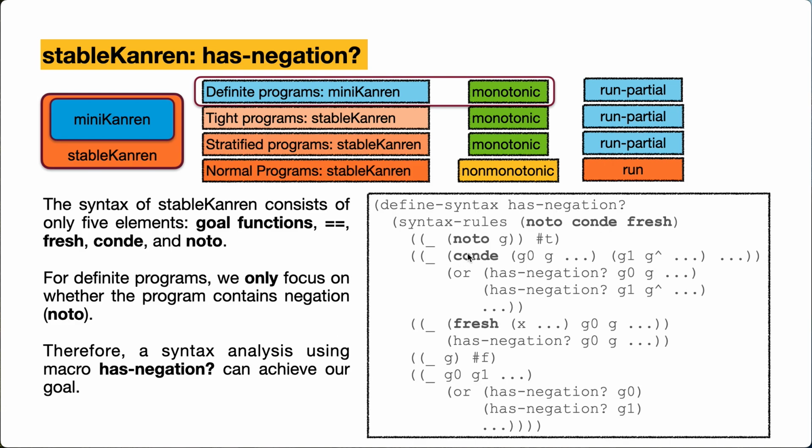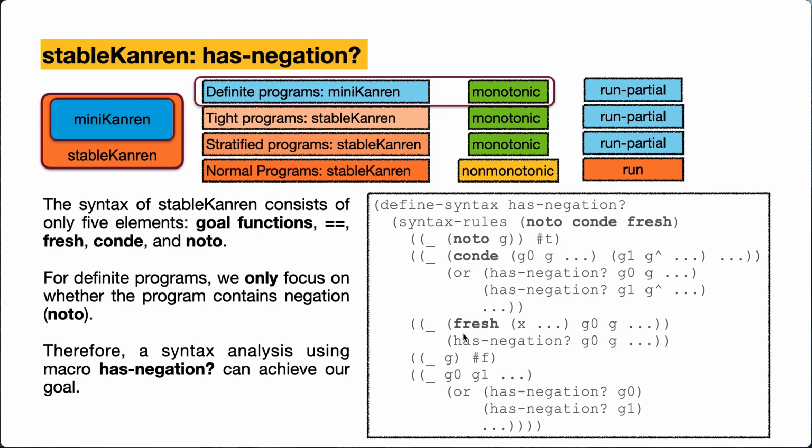So the macro, we can write it, as I mentioned, we only have 5 elements, so we focus on these 5 things: nottle, condy, fresh, and the go function. And because equal is the basic level, we don't need to worry about that. So for has negation, when we're given a program and it uses the keyword nottle, it will say, okay, it's true, it has negation inside.